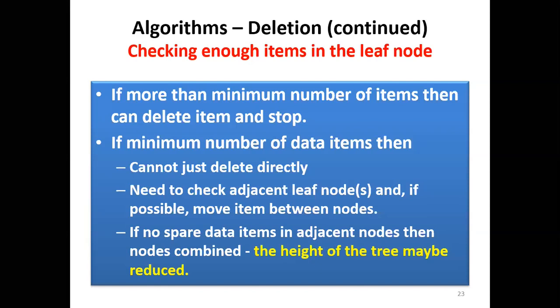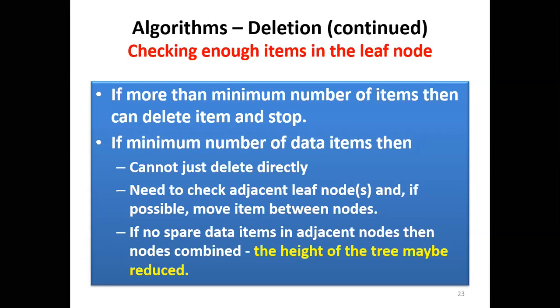But if the item we want to delete is in a leaf node that only has the minimum number of data items, then we need to perform other operations after deleting the data. We cannot delete the data directly. So we check the adjacent leaf node, and if possible, move an item from the adjacent leaf node to replace the data we have deleted.